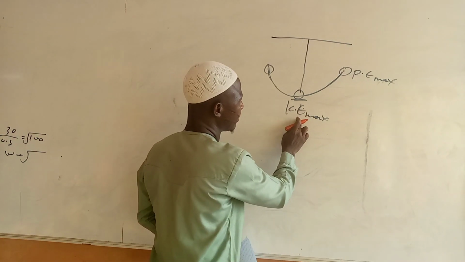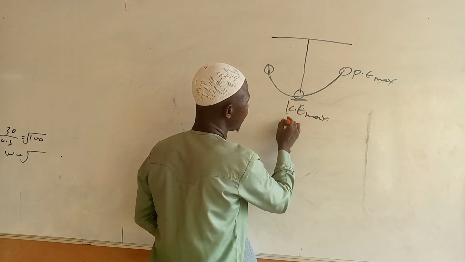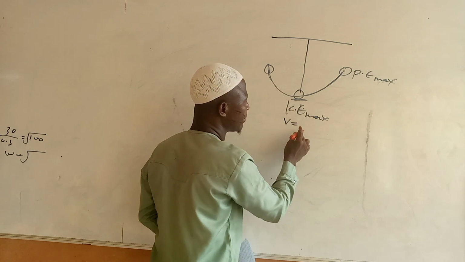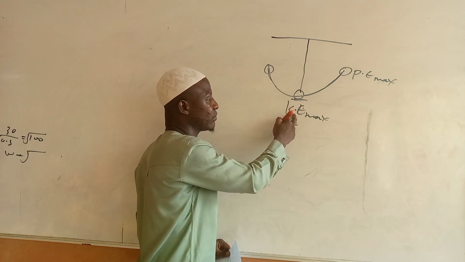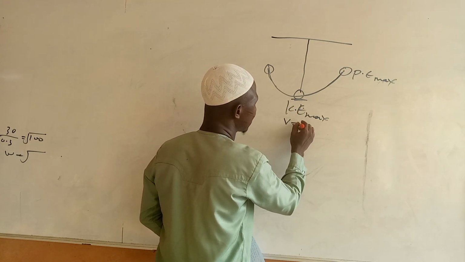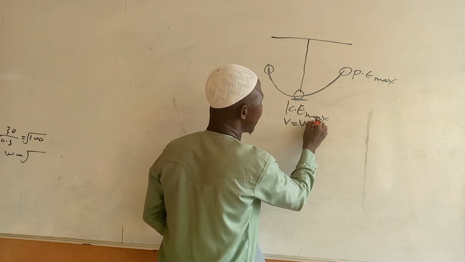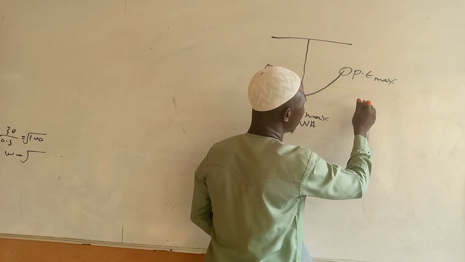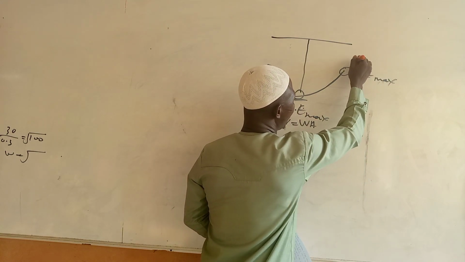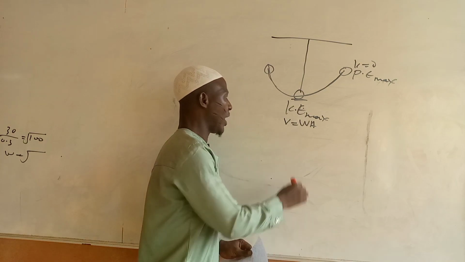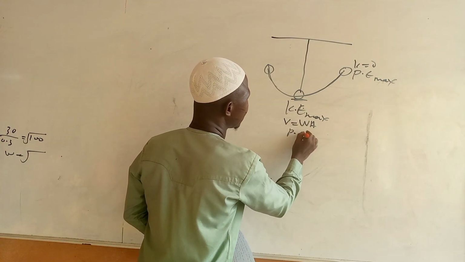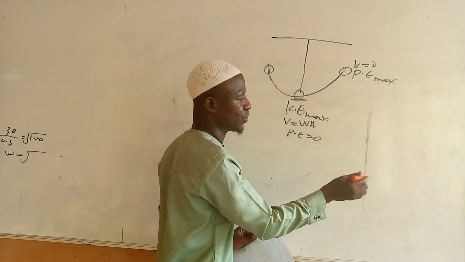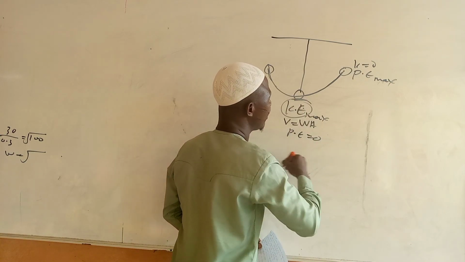At this one, we have our velocity v to be maximum. That's why kinetic energy is maximum. So we have v maximum, which is omega A. But here, our potential energy is maximum. Therefore, velocity here is equal to 0, while potential energy at the other point is equal to 0. So what you just need according to the question is to indicate here and this place.